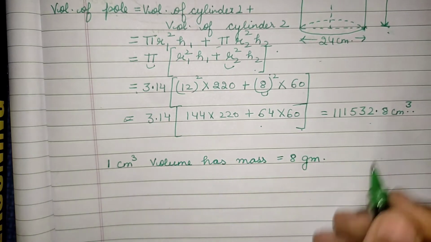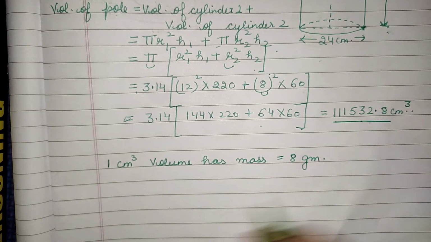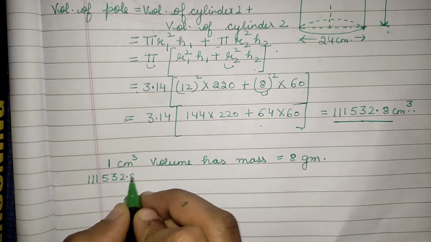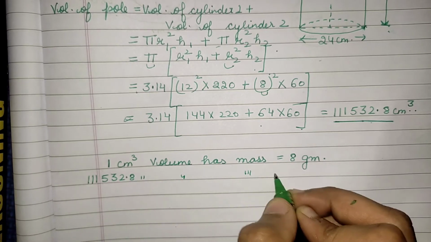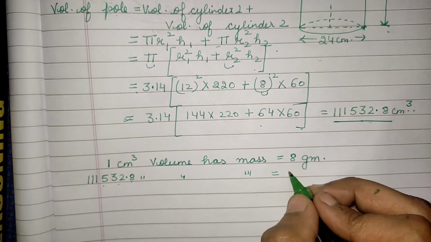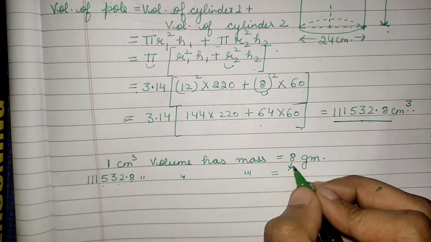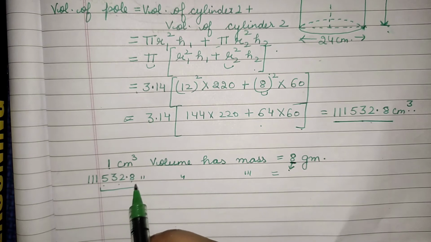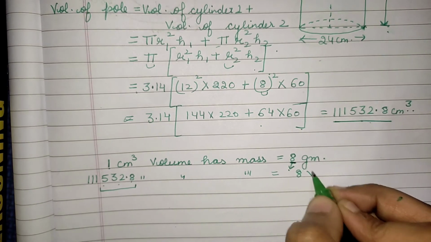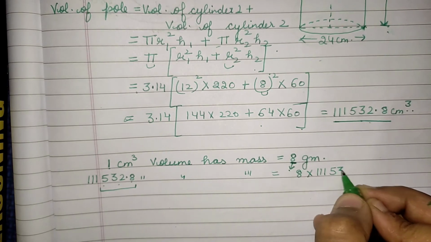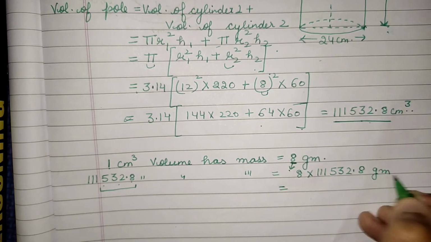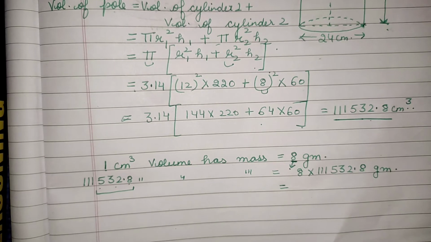We have found the volume of the pole equal to 11532.8 centimeter cube. So by using the unitary method, if 1 centimeter cube has 8 gram mass, then this many centimeter cube will have 8 into 11532.8 gram mass. Okay, so when you solve this, you will get your final answer.